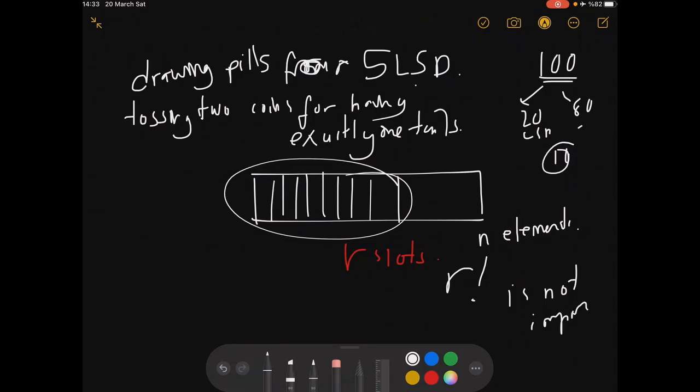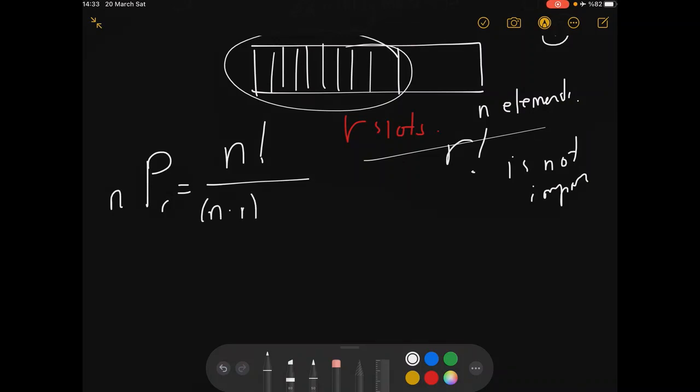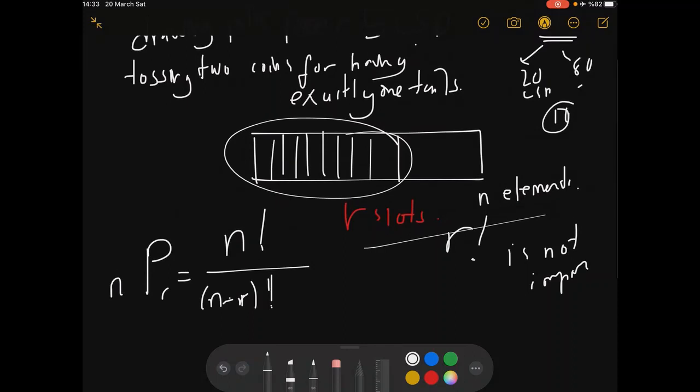So it means that you need to put this in the divisor part as well. So what will we end up with? Having P(n, r), what was it? n factorial over (n minus r) factorial, right? This was for where ordering is important, but if it is not important, you need to divide it by r factorial as well.